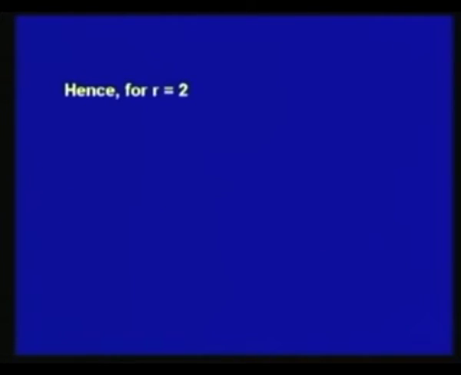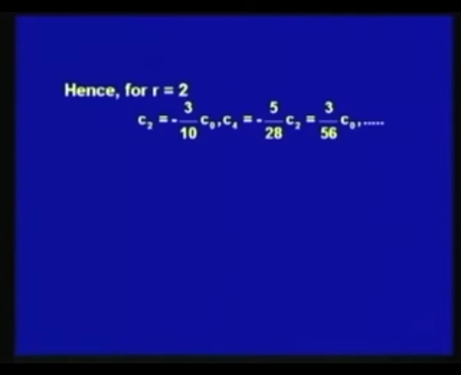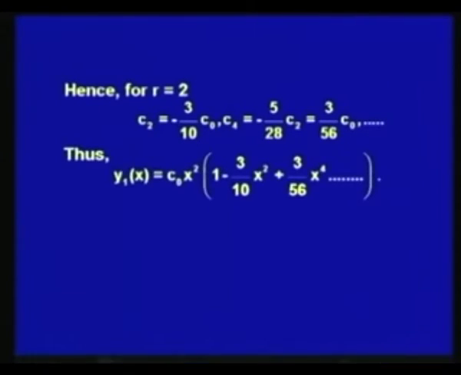Hence, for r equal to 2, we get the value of C2 equal to minus 3 over 10 into C naught, C4 is equal to minus 5 over 28 into C2, which will give us 3 over 56 into C naught when we put the value of C2 in this. And thus we get one solution of the differential equation, y1 of x, as C naught x squared into 1 minus 3 over 10 x squared plus 3 over 56 x to the power 4 and so on.